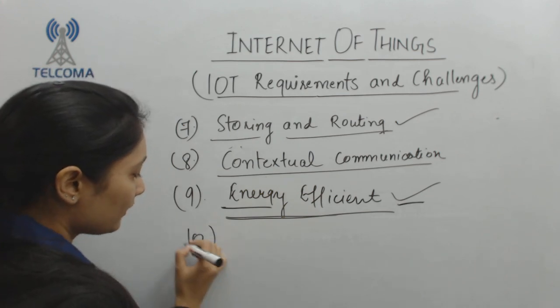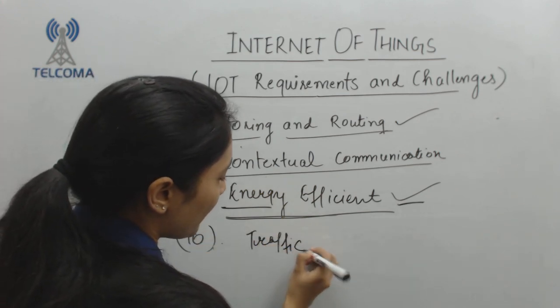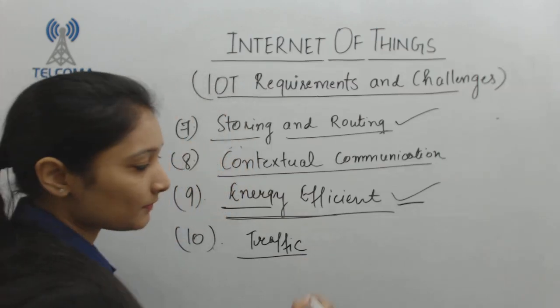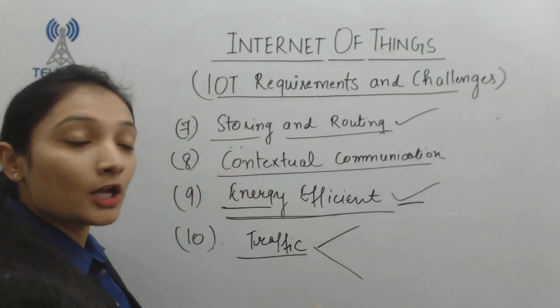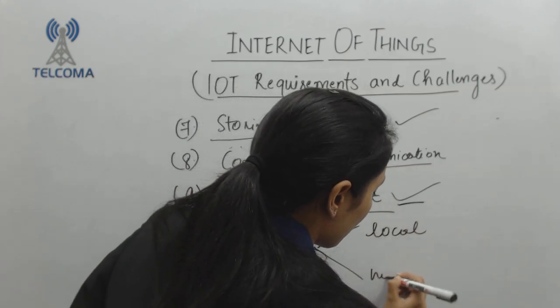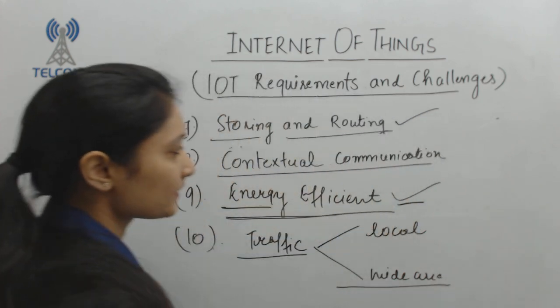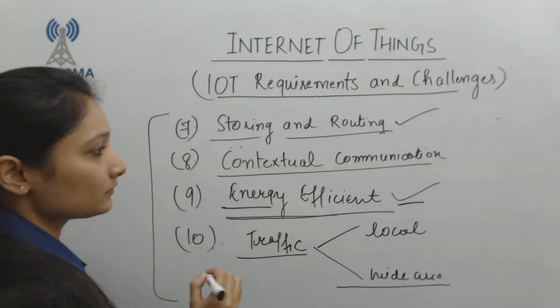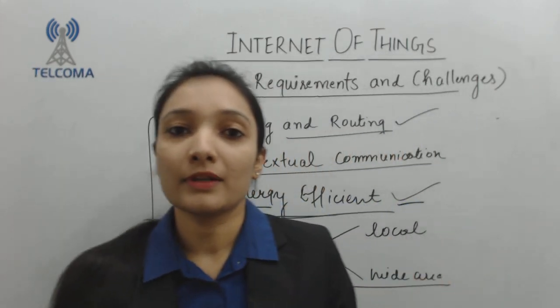After that, traffic management for your Internet of Things. So basically, if you talk about the management of traffic, that means it should be able to separate the local and the wide area traffics. And above that, whatever context is being exchanged here should be a reliable communication.